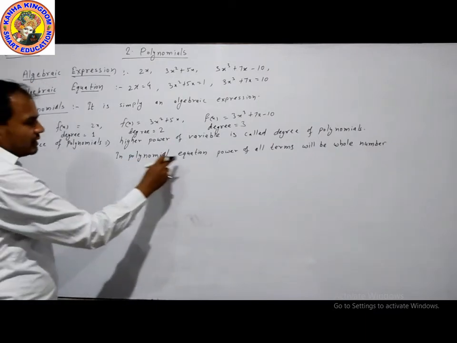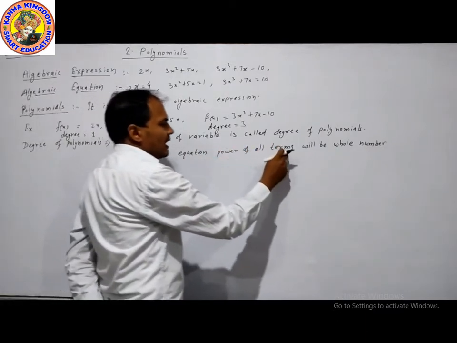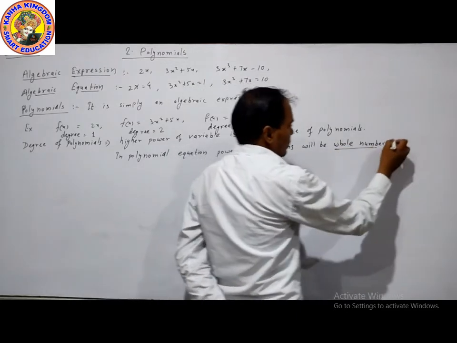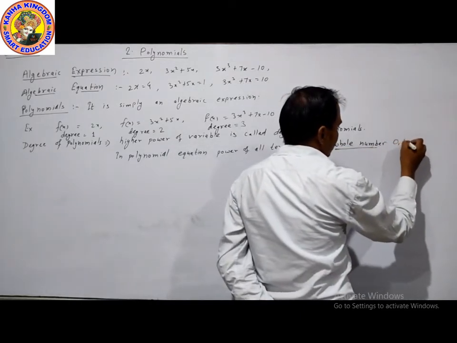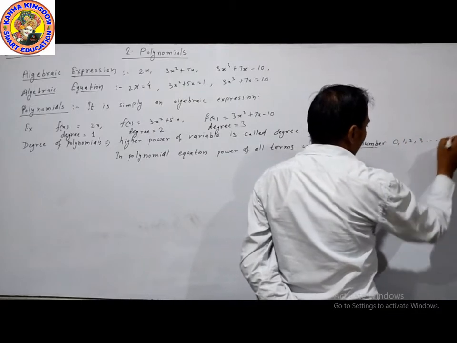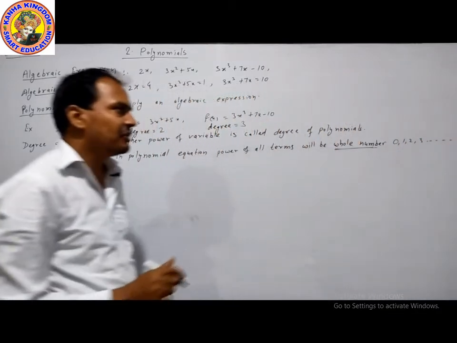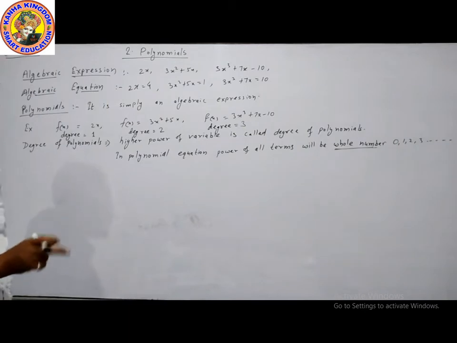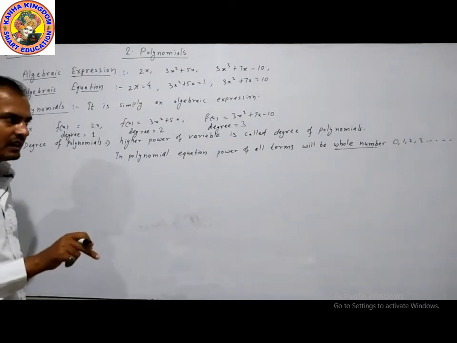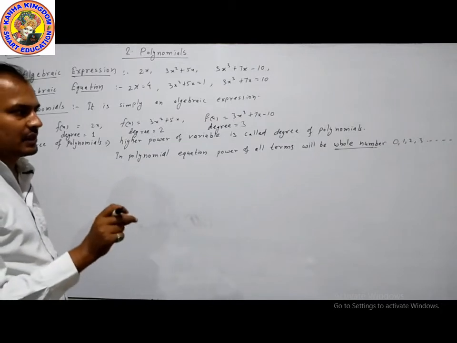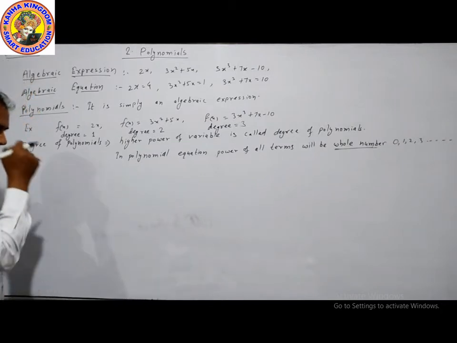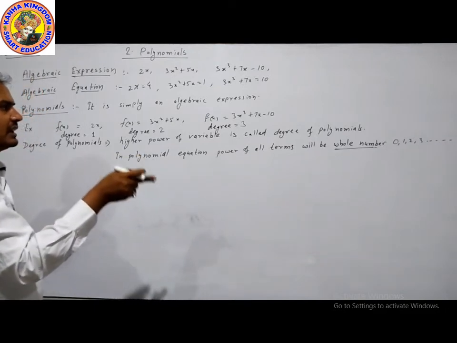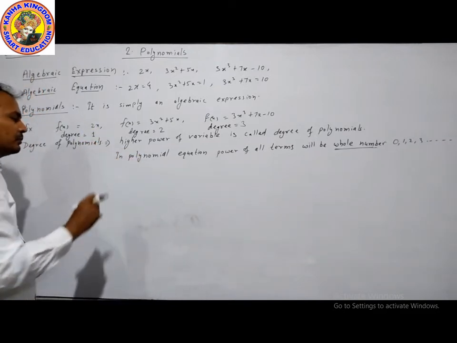In a polynomial equation, the power of all terms will be a whole number. What is a whole number? Whole numbers are 0, 1, 2, 3, 4 and so on. Not a negative number, not a fraction, not a decimal number. Only whole numbers 0, 1, 2, 3, 4 and so on. If an equation uses whole numbers in powers, then it is called a polynomial equation.